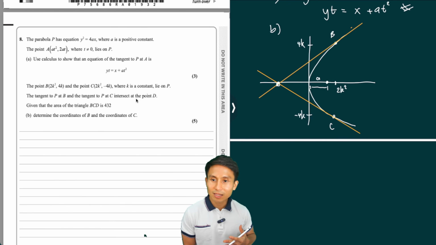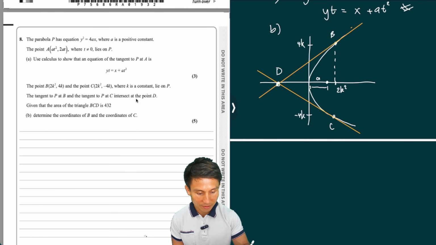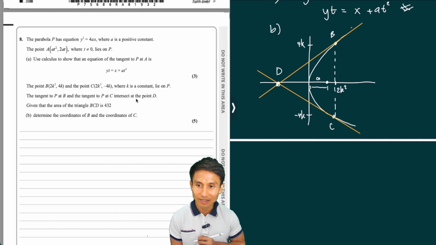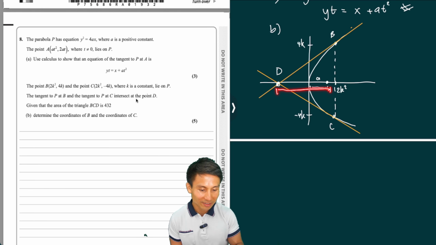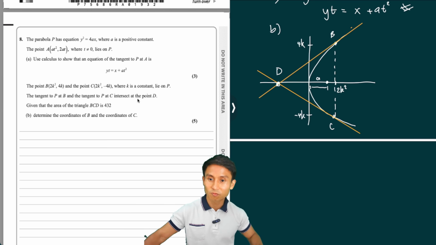So here I'm saying that because that is assumingly point D, and you want the area of BCD. And that's just easy now. Let's see if it's actually easy. So yeah, we probably have to find point D anyway. But once we found point D, then we can find this distance. We kind of know the height. So after we found point D, then it would be just home free.